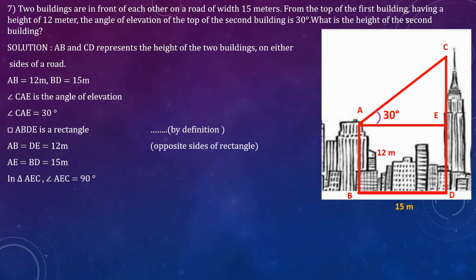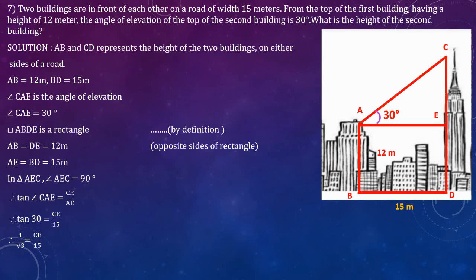In triangle AEC, angle AEC is 90 degrees. Therefore tan of angle CAE is equal to CE upon AE, so tan 30 is equal to CE upon 15. The value of tan 30 we already know from the table, which is 1 upon root 3.